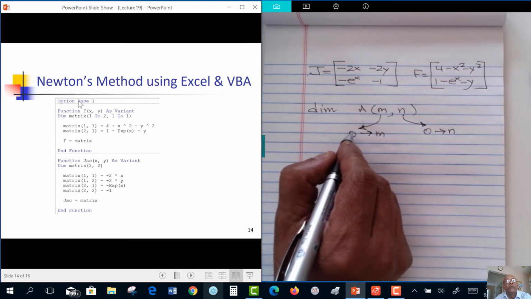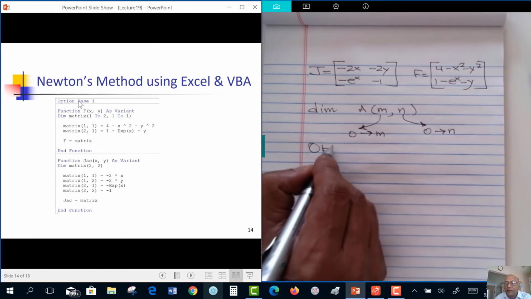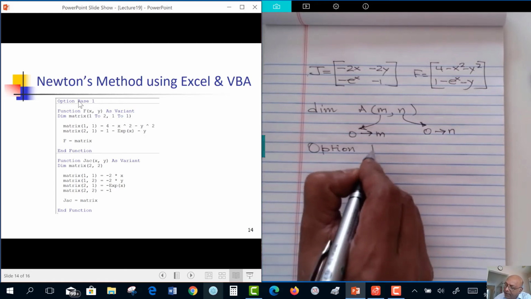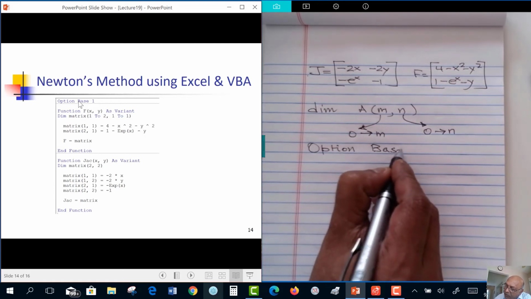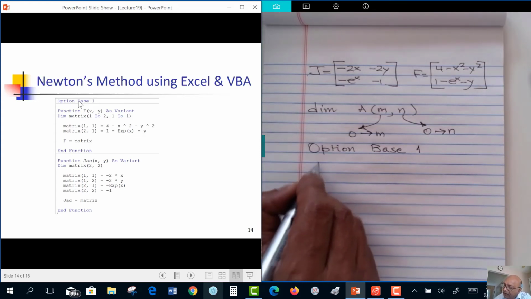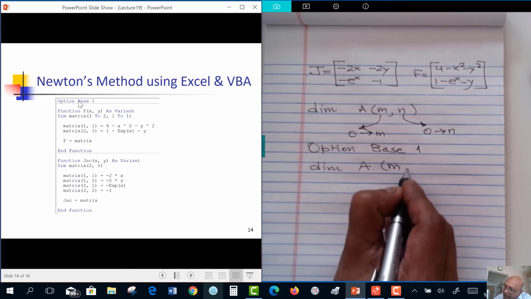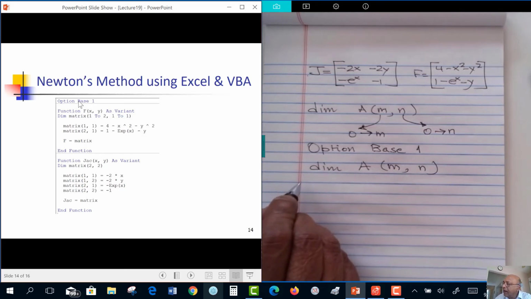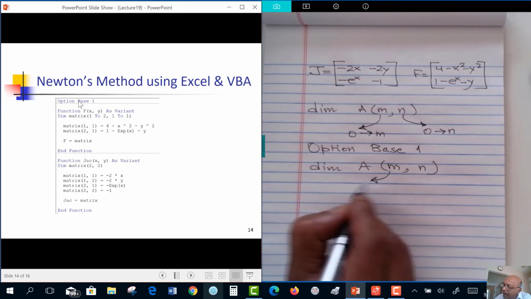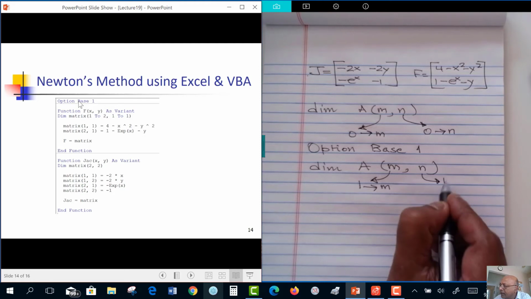We start numbering with 1, first row, first column. So we can change this base. And we do this by using this first line, say option base 1. Now when we say option base 1 and we give a dimension to A and we say m by n, now it means 1 to m and 1 to n.